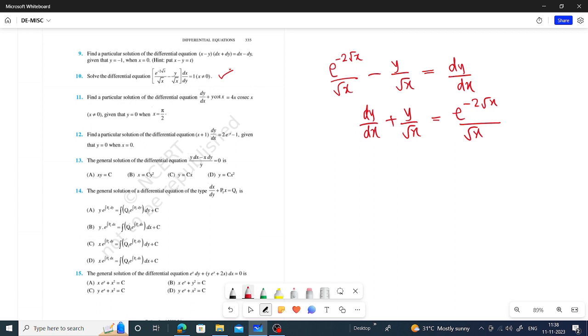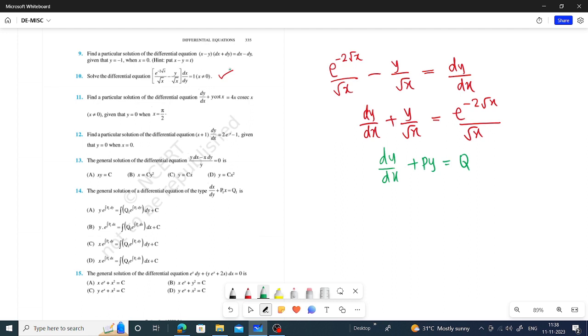So dy by dx plus y by root x equal to, it remains unchanged, e raised to minus 2 root x by root x. So you can understand that this is in the form dy by dx plus Py is equal to Q form. It is in linear differential equation form.